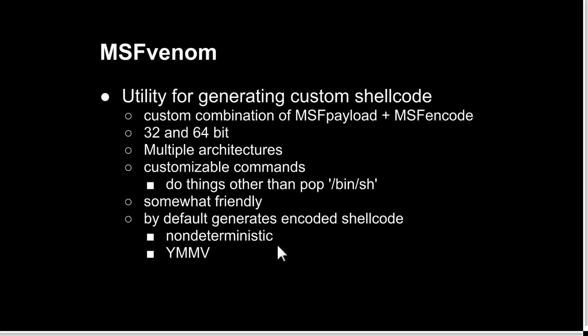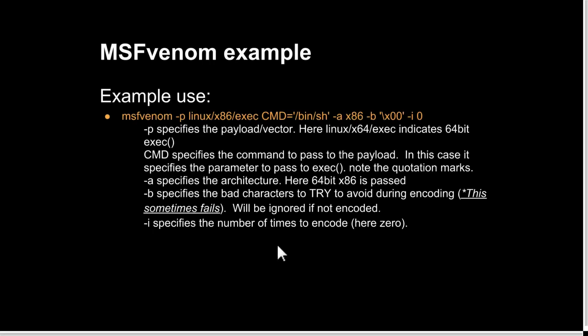because the choice it decided on to encode may fail, or may actually produce null bytes or bad bytes. There are a number of important flags, and I have an example command here. Essentially the payload or vector is denoted with -p, and what follows is some sort of feature on that architecture that allows you to execute custom commands.